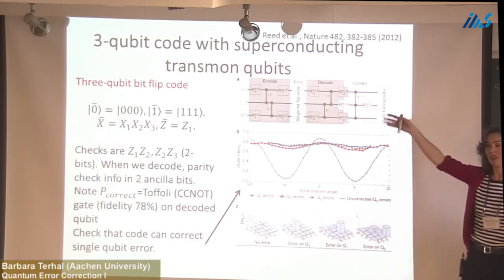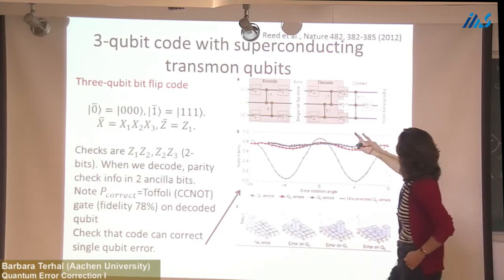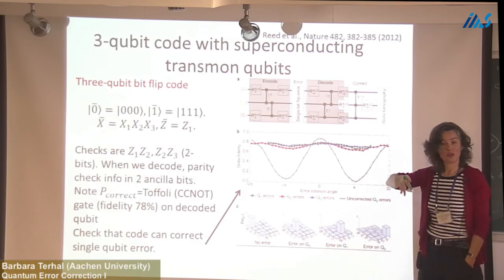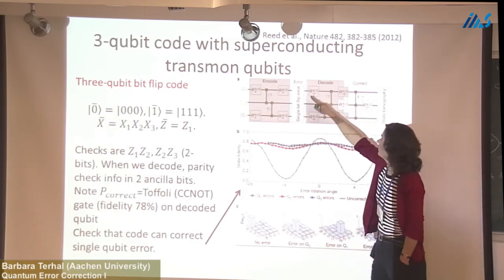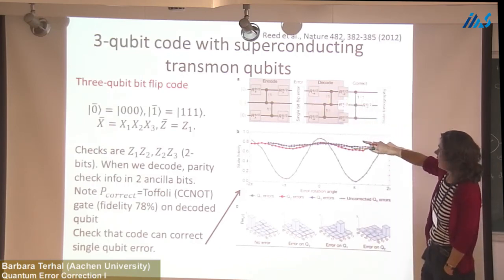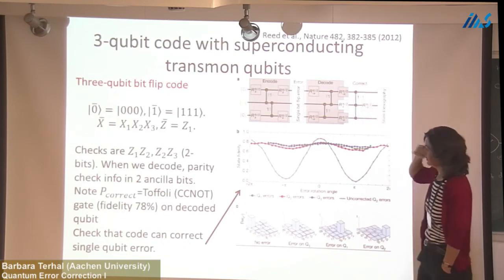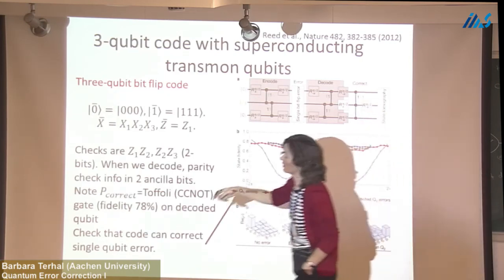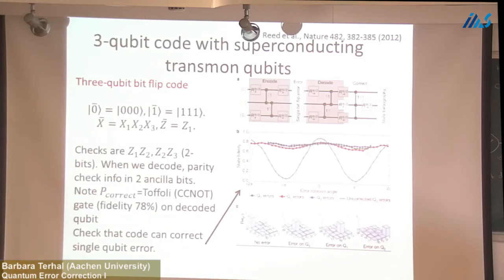They actually do some rotation. And then they don't use an ancilla to detect the error, because they just decode. And then they need to do some correction. The decoding is just the inverse of this circuit.